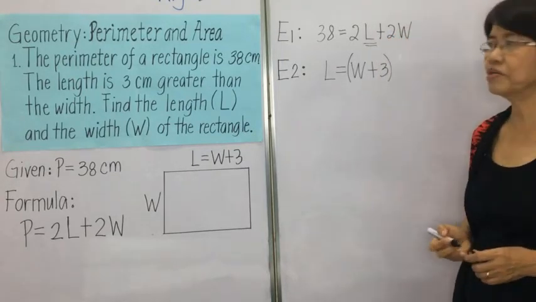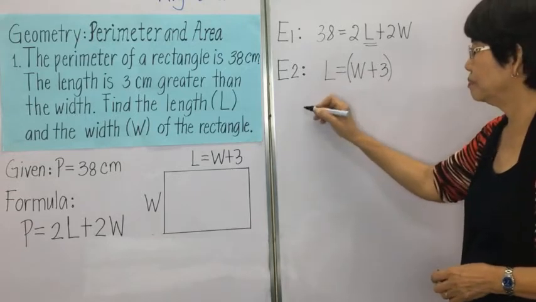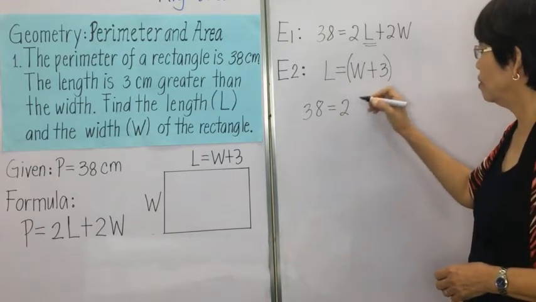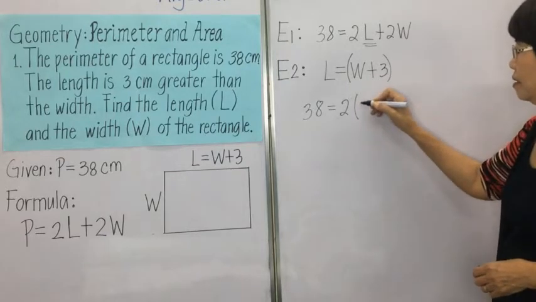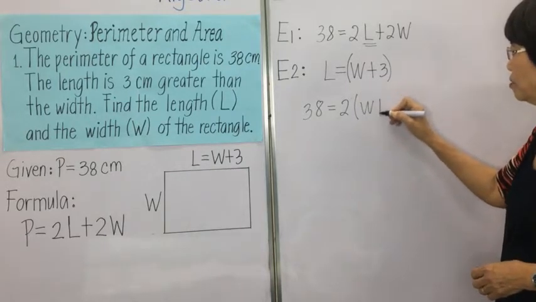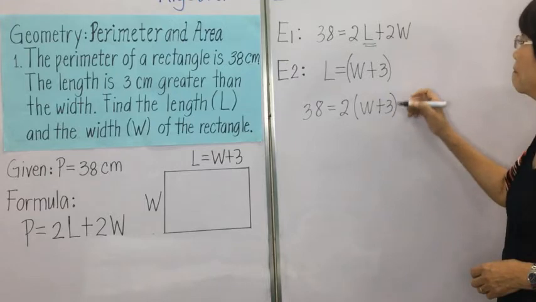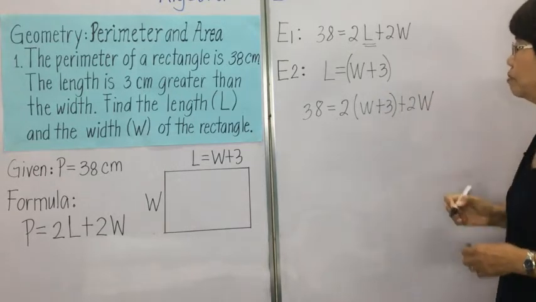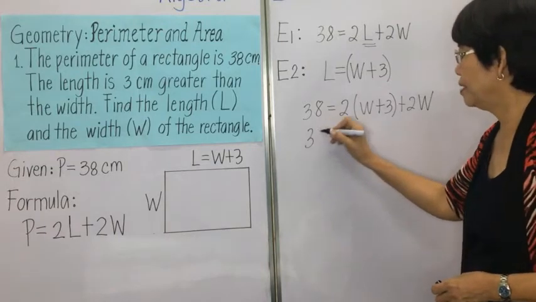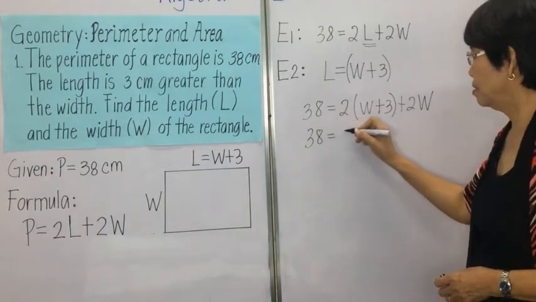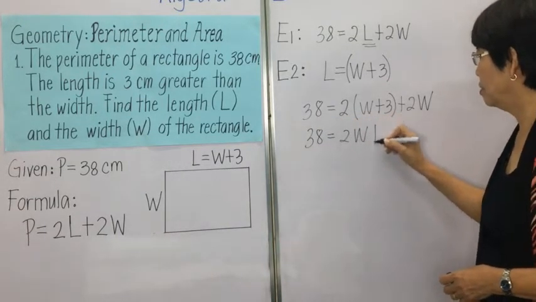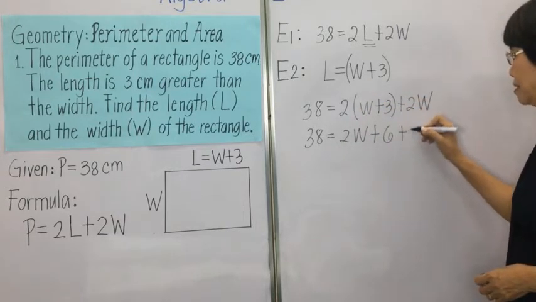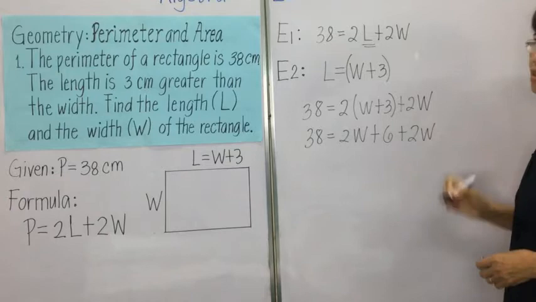So we will just rewrite equation 1. 38 equals 2L, substitute W plus 3, plus 2W. 38 equals 2W plus 2 times 3, 6, plus 2W.